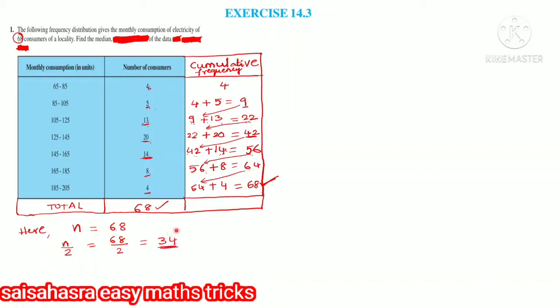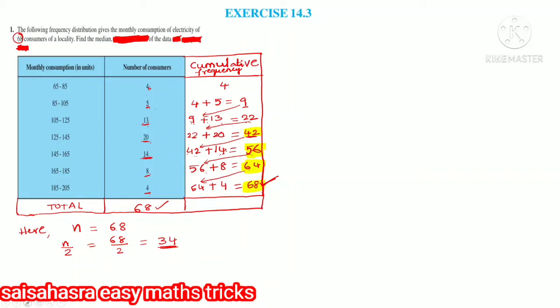In the cumulative frequency values, which are the numbers more than 34? Let us try to see. 42 is more than 34, 56 is more than 34, 64 is more than 34, 68 is more than 34.